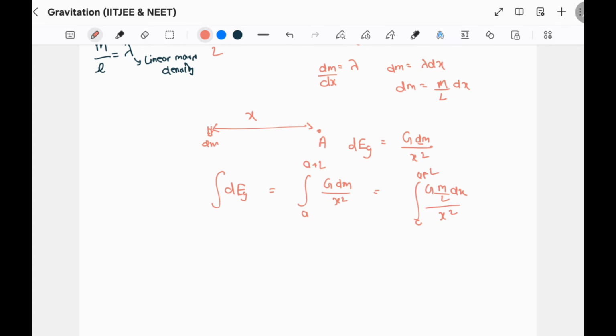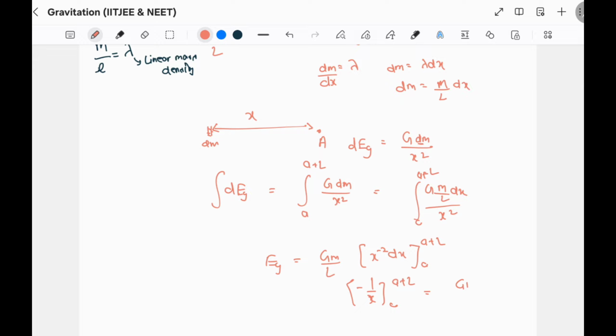Now you can solve this. So you will get GM by L out, then x to the power minus 2 dx from a to a plus L. You will solve it, it will be minus 1 by x. Now you can put the values.